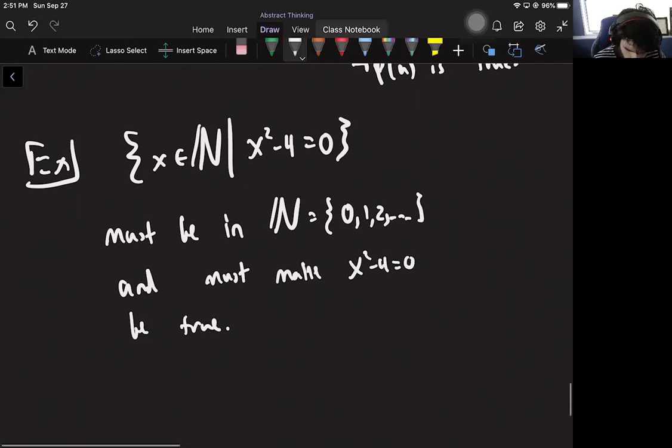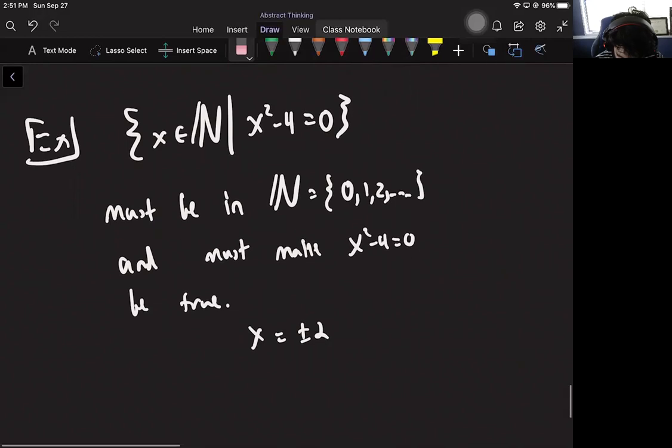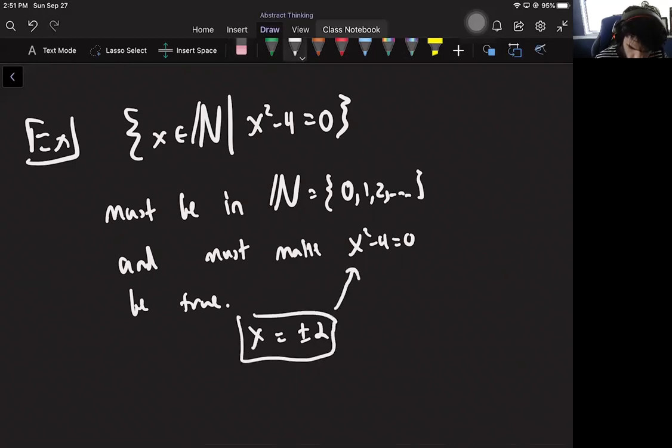So if you just solve it, that's not enough because you'll get x equals plus or minus 2. But although both of these numbers fulfill the property, they're not both in here.